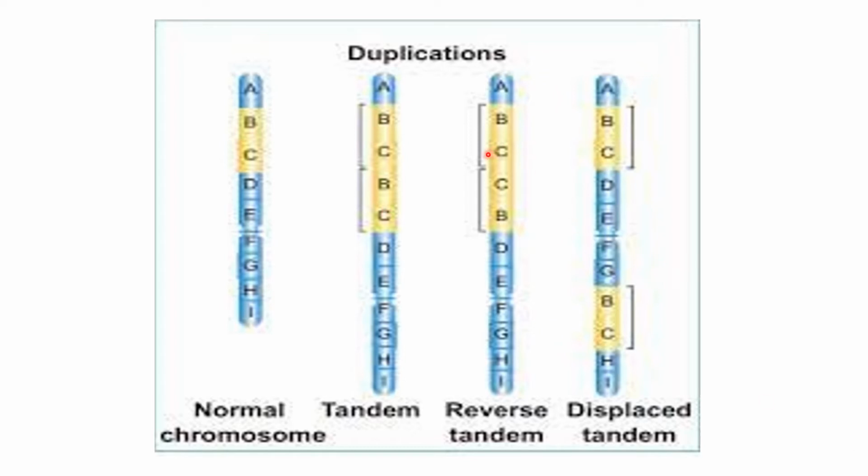In reverse tandem duplication, the B and C segment undergoes duplication but gets inserted next to it in a reverse form as C and B. In displaced duplication, B and C segment undergoes duplication. The duplicated part gets inserted away from the parent segment.